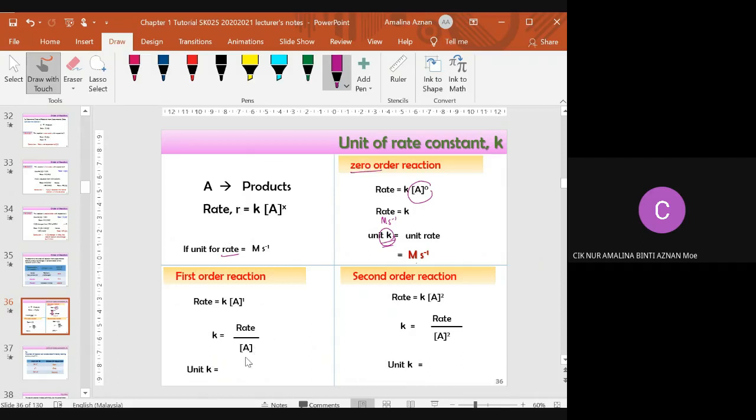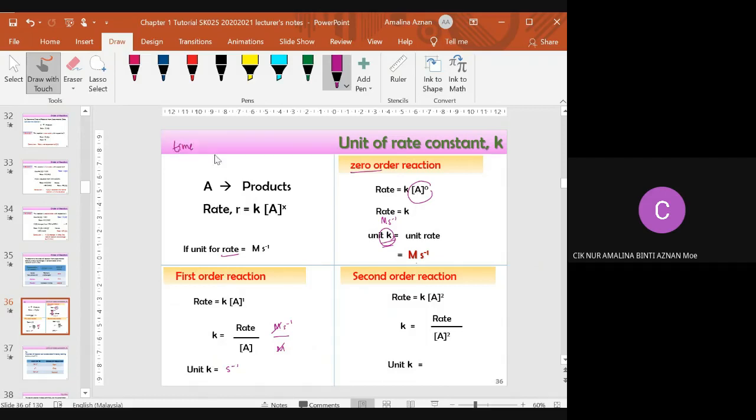So kalau first order pula, untuk first order punya reaction means rate constant unit dia adalah molar per second divided by molarity. So kalau kamu tengok unit rate constant dia adalah per second. Okay, per second is second yang commonly used lah.